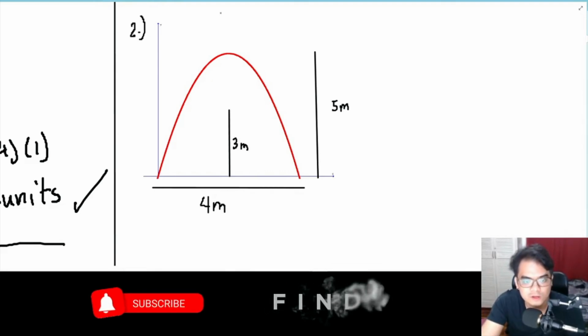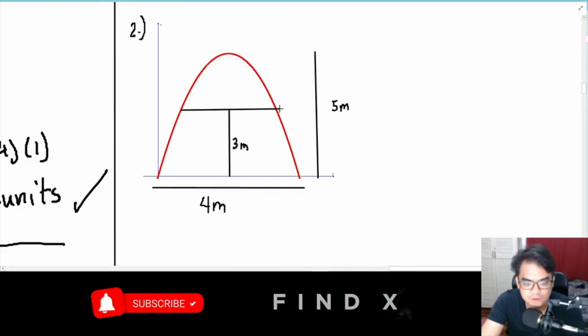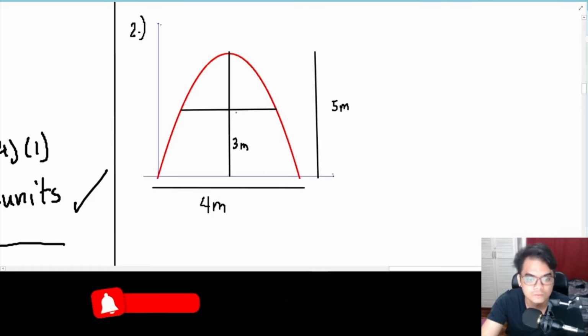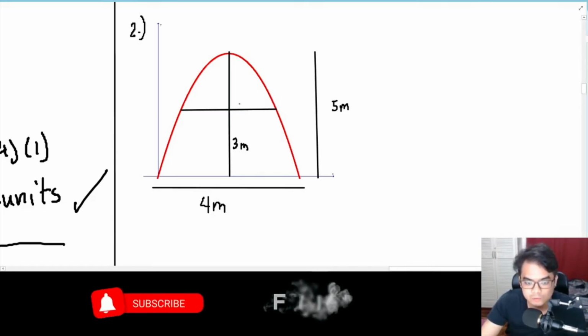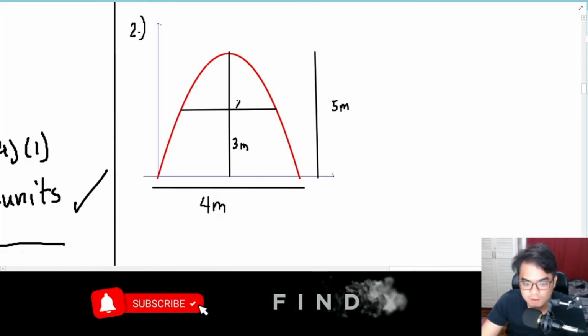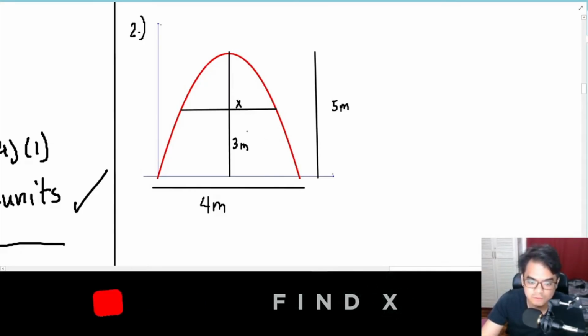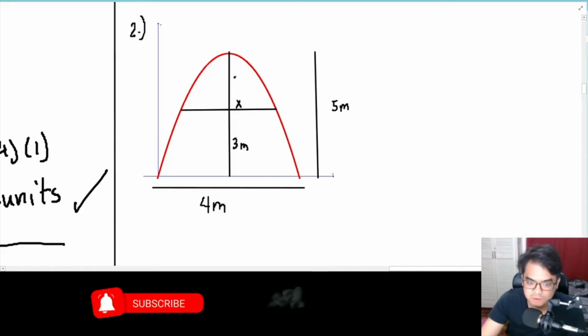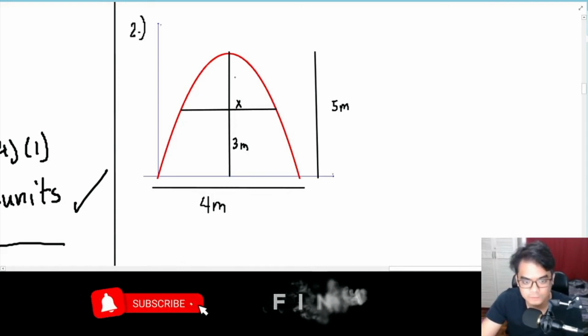So in short, we are asked to find this one, the length, or the width. How wide is that? Okay? So if this is 3, therefore this is 2, right?